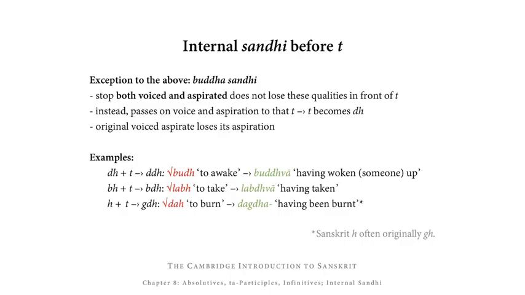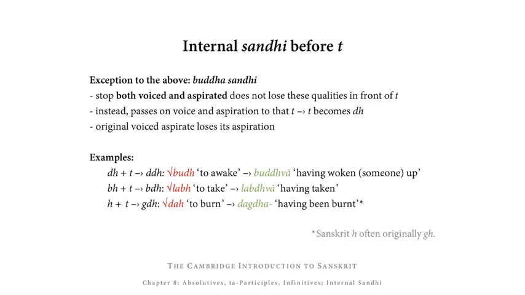To make this even more interesting, we then have cases of H before T developing in basically the same way, and that is because Sanskrit H often originally was a gh, so again a stop that is both voiced and aspirated, and this gh passes on its voice and aspiration to a following t, to change that into dh.